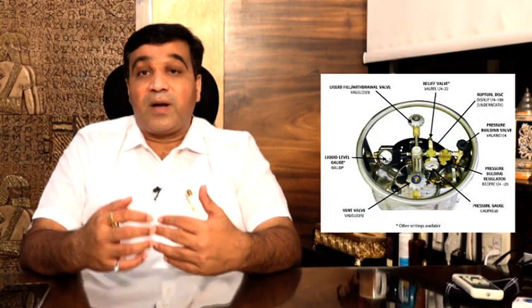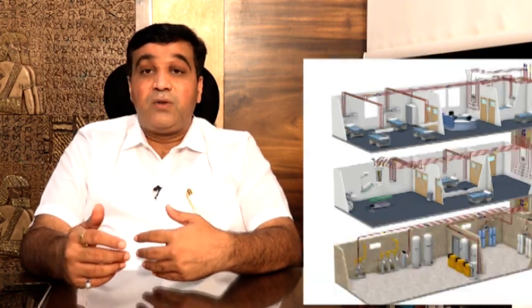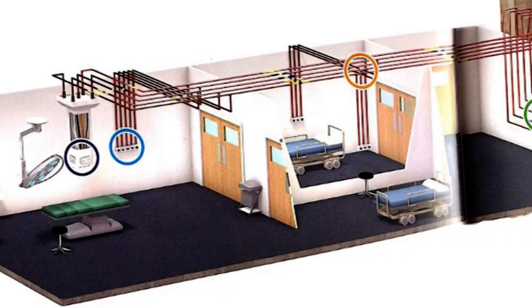Now when this oxygen gets converted, there is huge pressure, it is boiling and expanding. So to control this, we require pressure regulatory valves to step down the pressure gradually into the pipelines, so that the oxygen can be delivered to the ventilators and the oxygen points in the hospital.